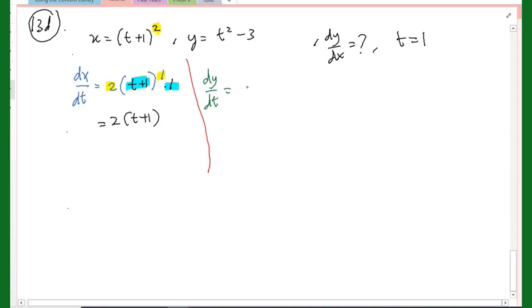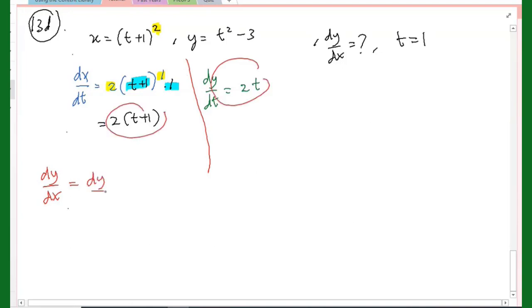x squared gives 2x, right? Same for t, so we get 2t. Now using the chain rule to find dy/dx, dy/dx is this one over this.